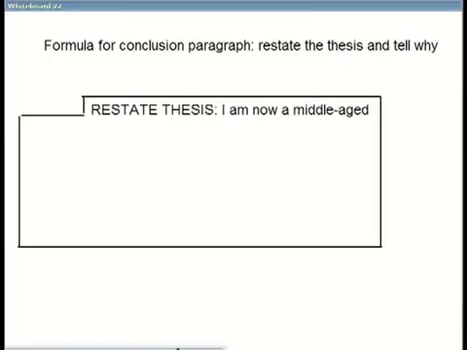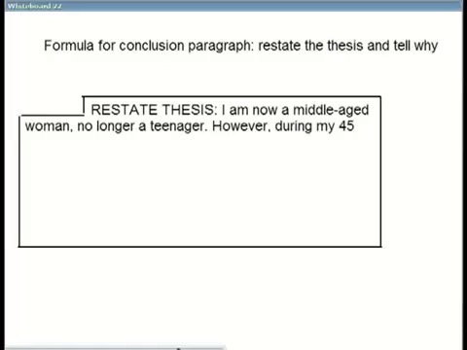However, during my 45 years, my dad's death is still the hardest thing I've done. So there you have restated your thesis.